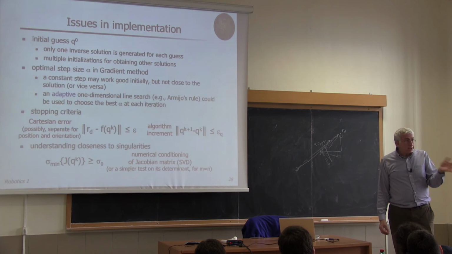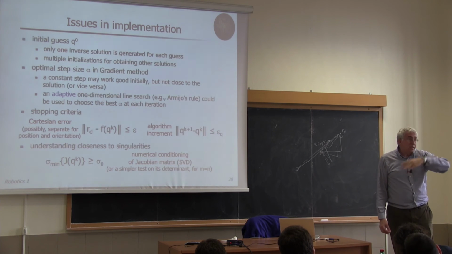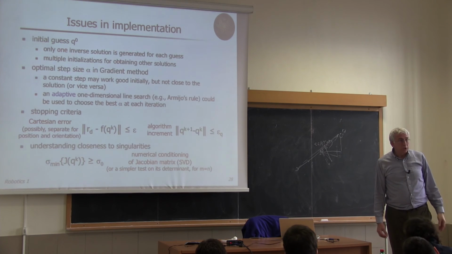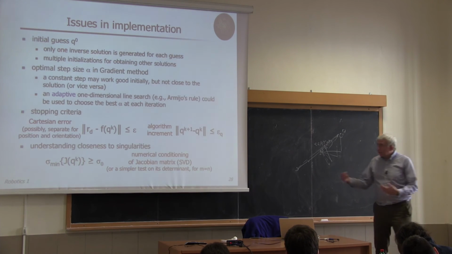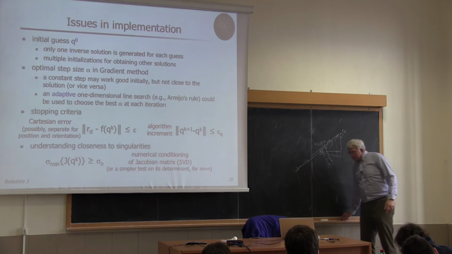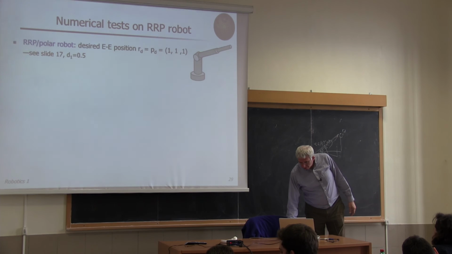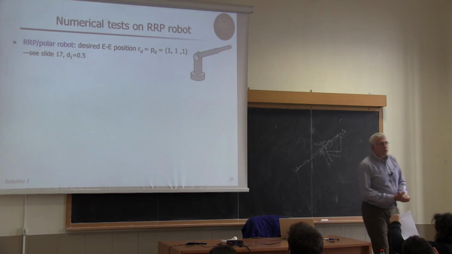You may be lucky, the error lies not in this subspace. We will see how to compute these subspaces for the Jacobian when we deal with differential kinematics, where the Jacobian plays, again, a dominant role. Okay, so let's move to this test.